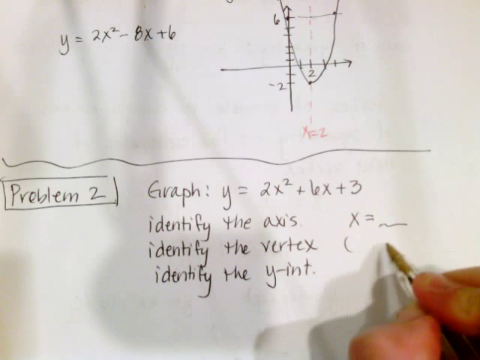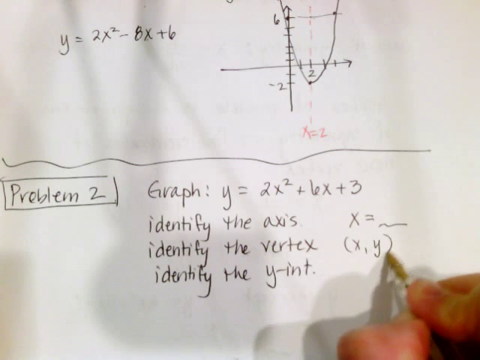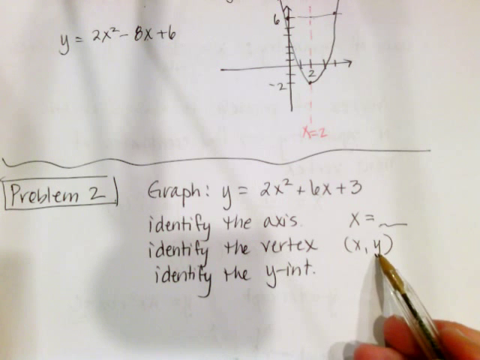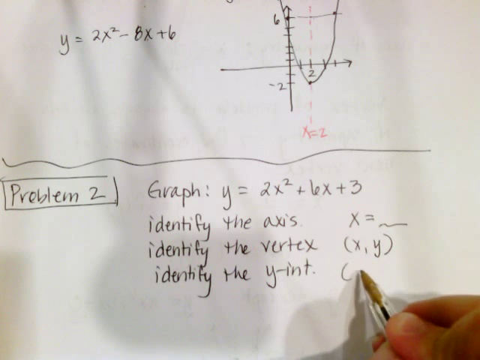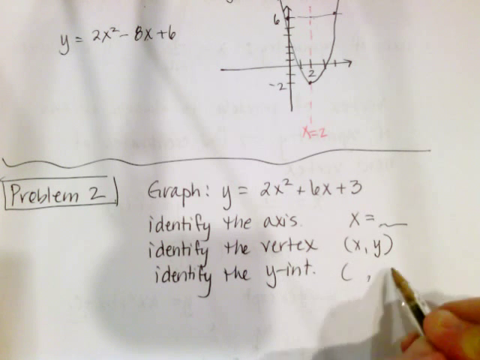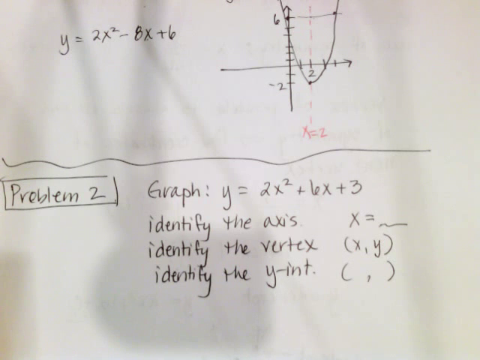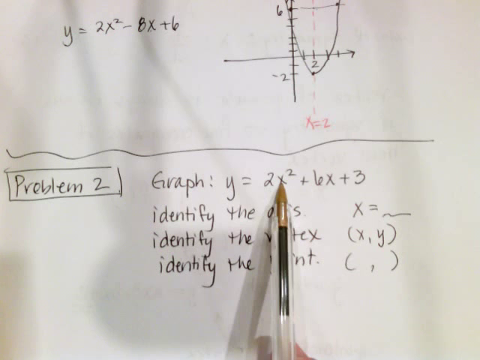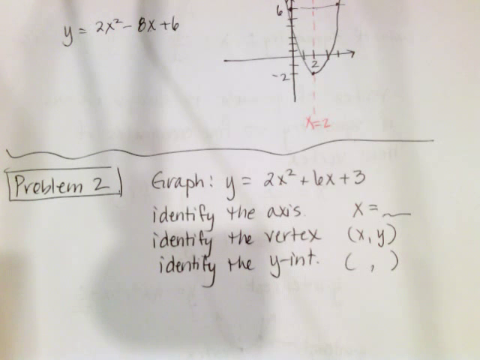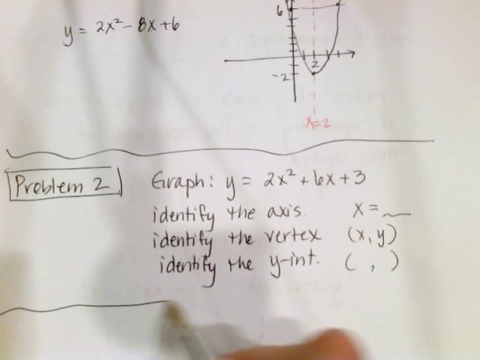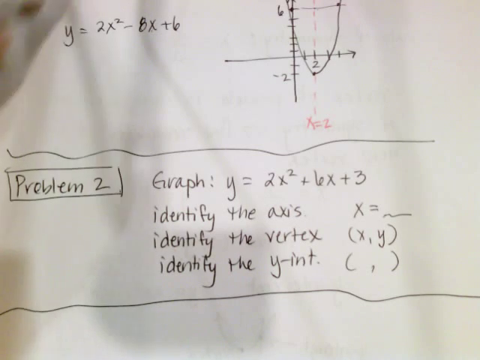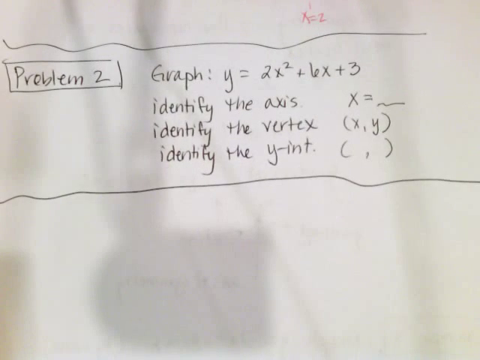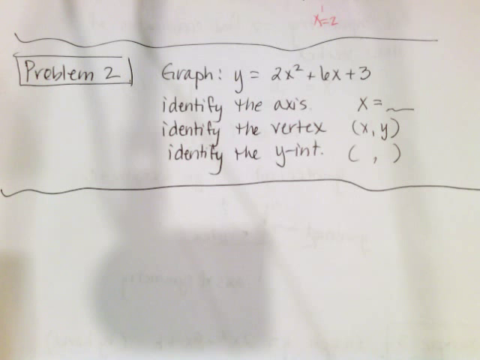The vertex is an ordered pair because it is the vertex of a parabola, and then the y-intercept is also going to be an ordered pair. Okay, so that's how your answer should appear, and then you'll have a nice accurate graph of your parabola. So pause your video, do problem number 2, and then we will check your answers when you come to class tomorrow.